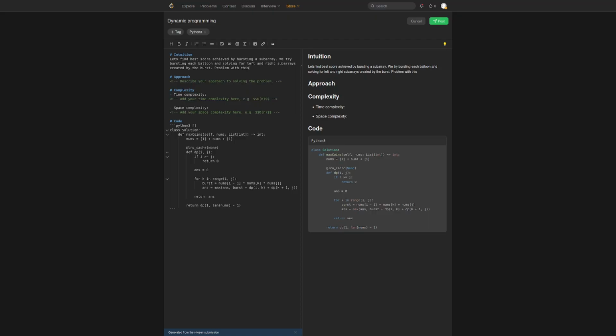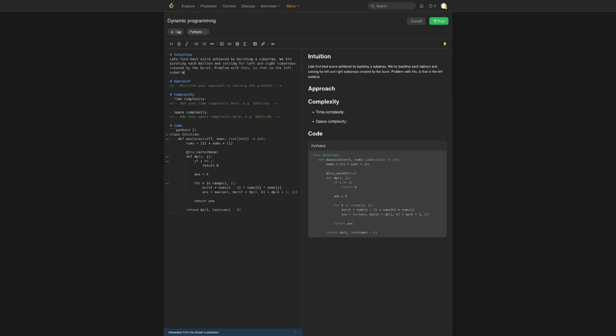Problem with this is that in the left subarray we do not know which element is there when trying to burst the last element.